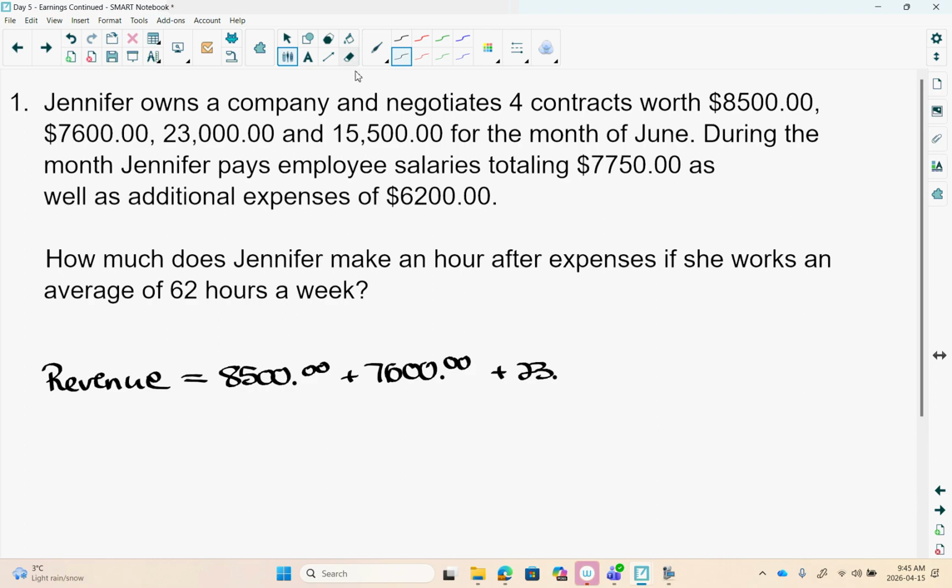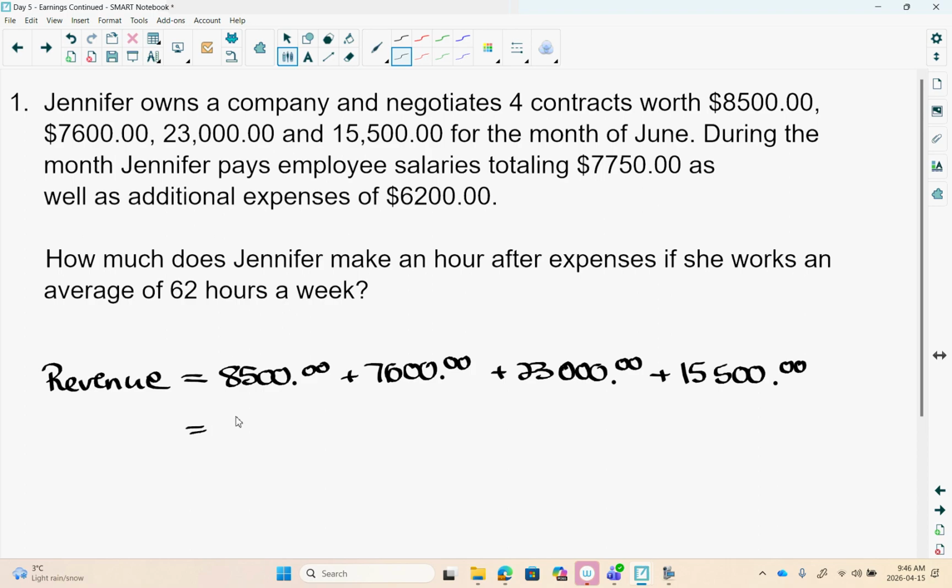There's no decimal point there. And I'll add 15,500. And when I total those up, I should get $8,500 plus 7,600 plus 23,000 plus 15,500.